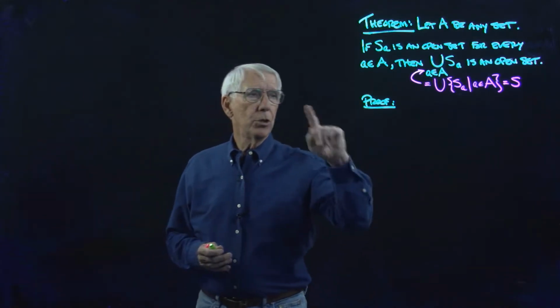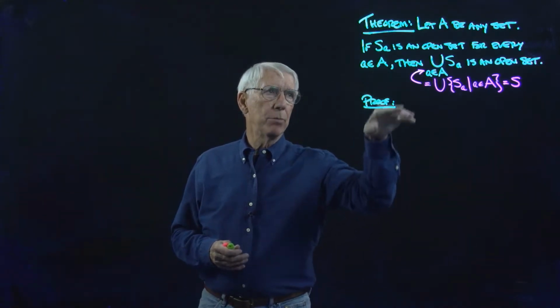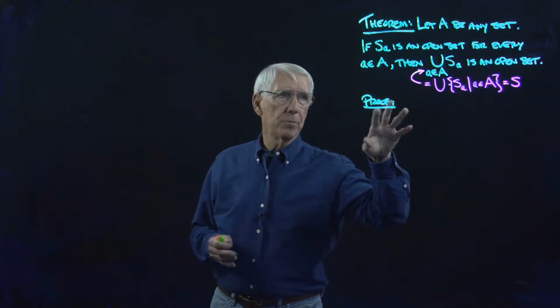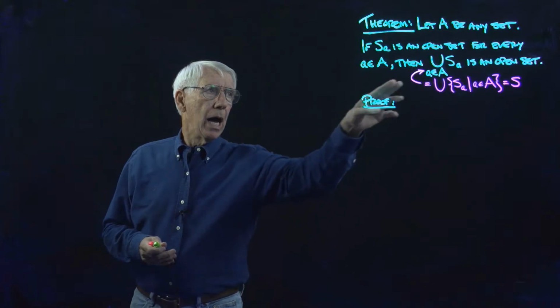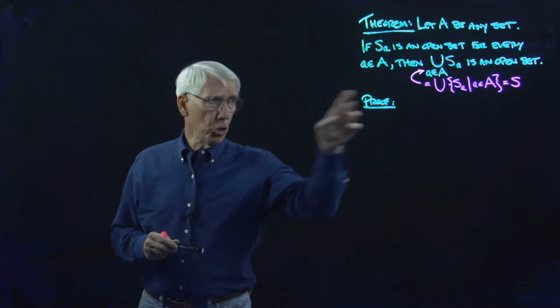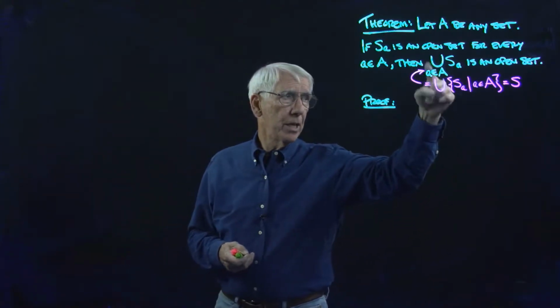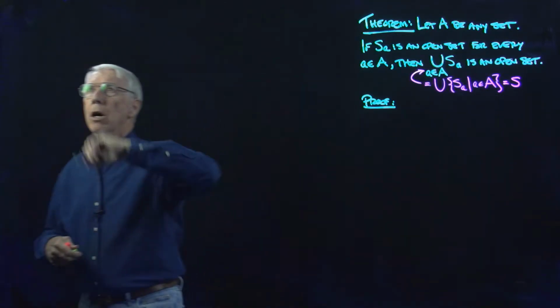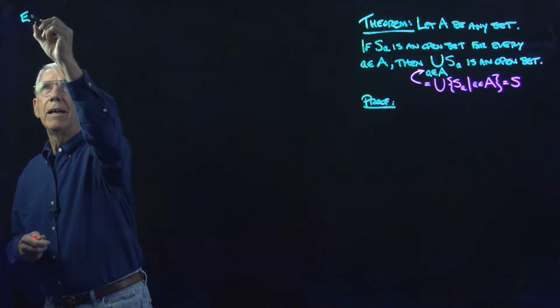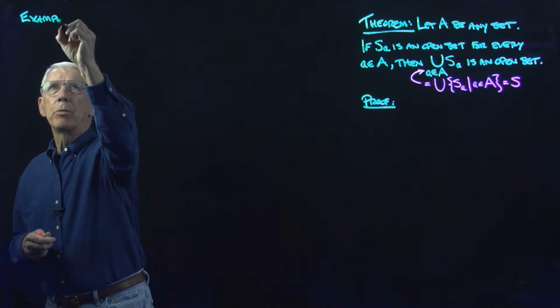But first, let's do a few examples, really two examples. One of them is kind of an extended example of what's going on here, so we can get a better feel for what this union of possibly an infinite number of sets might be. So over here, let's say we'll do some examples.